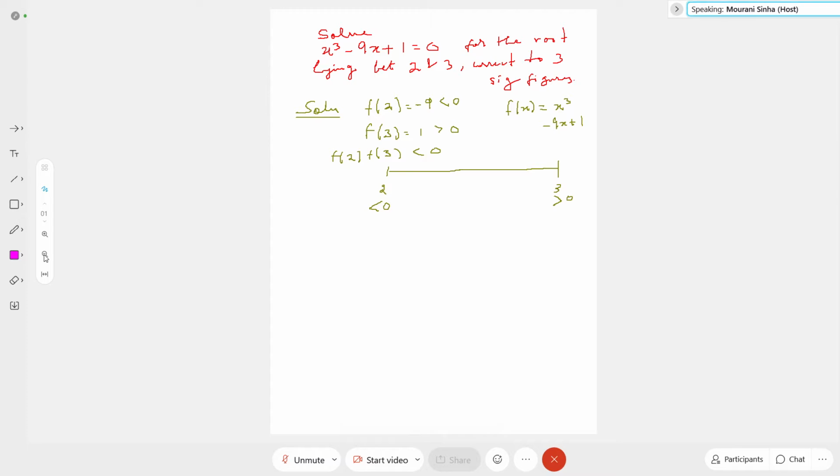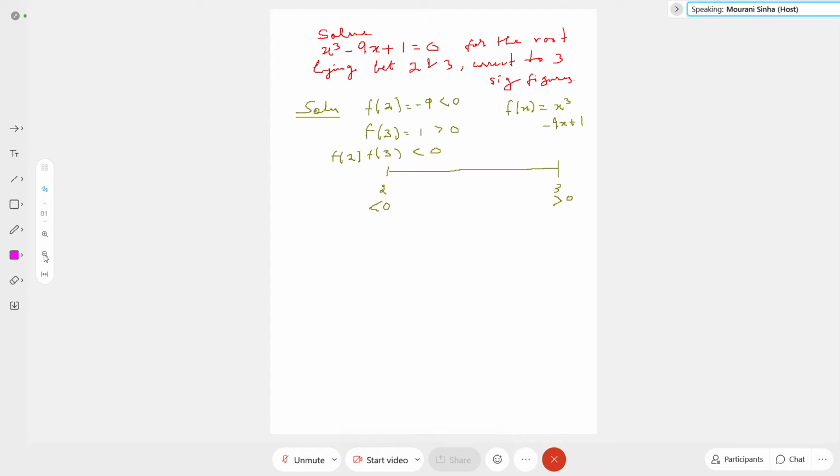When I say at 2 it is negative, I mean the function is negative. So between the given interval 2 and 3, at 2 the function is negative and at 3 the function is positive. Hence, I get that the root lies between 2 and 3. So this is my first step.